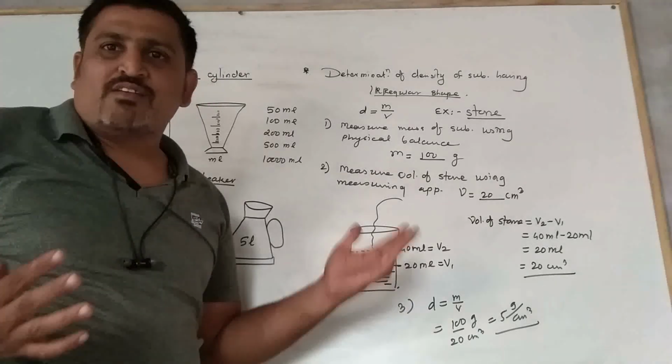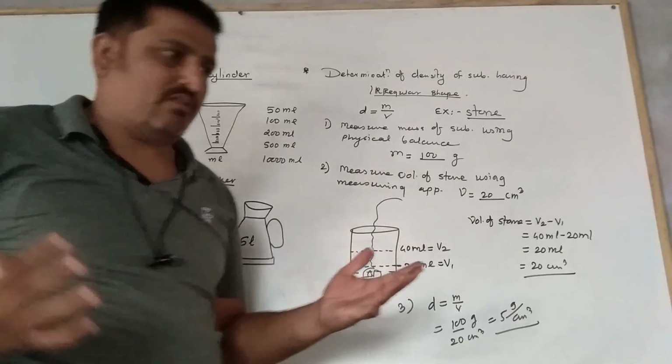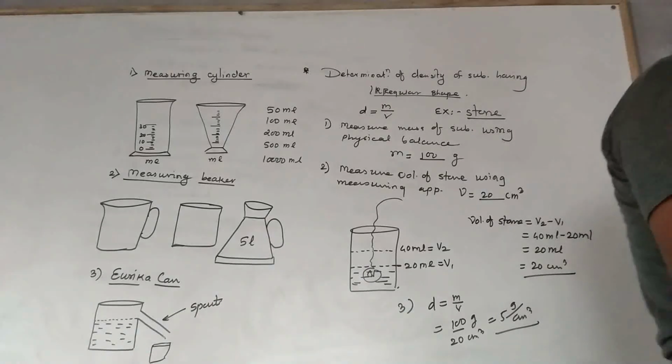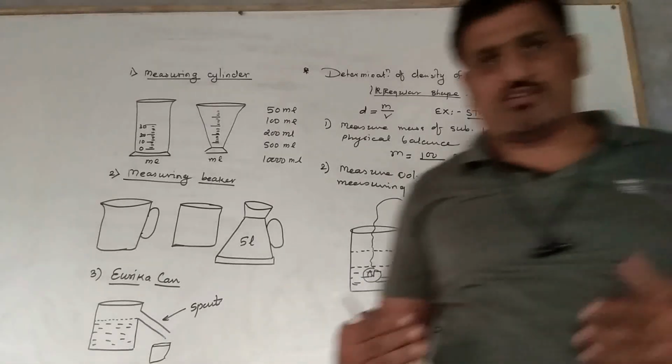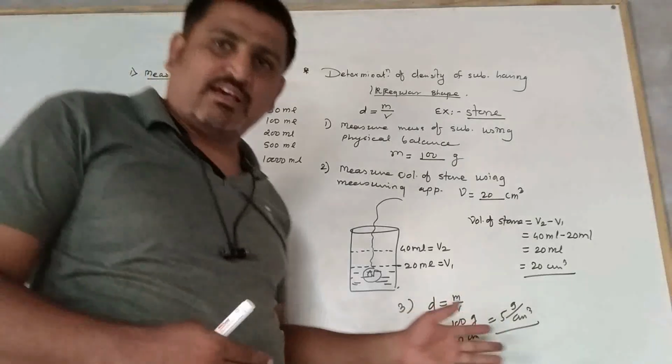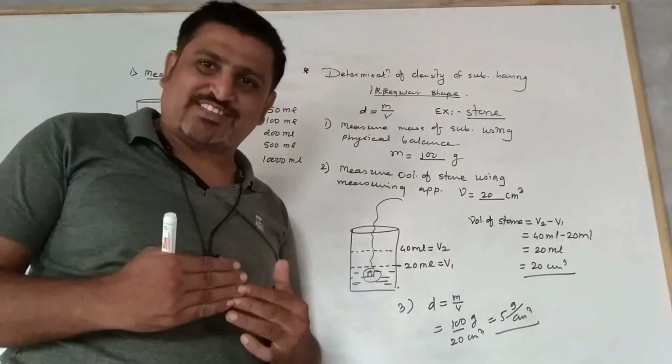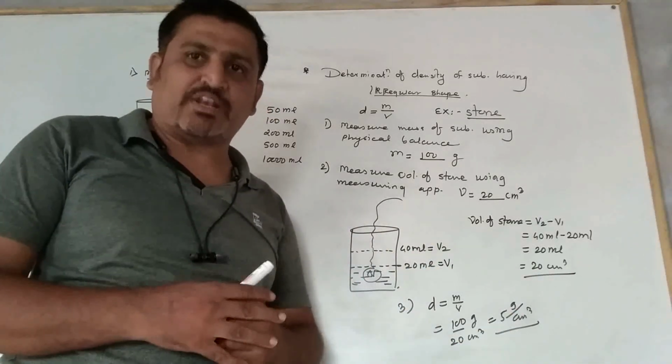So the second point is also covered. Now we will see the remaining topic, determination of density of a liquid by density bottle. Just as we did this, the density bottle is another apparatus, which we will study next.